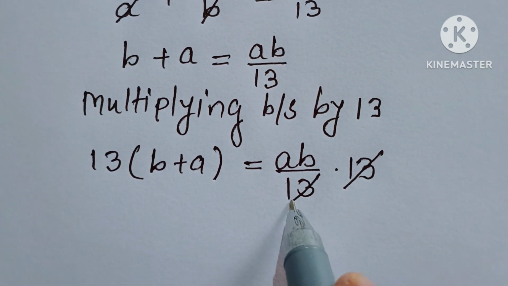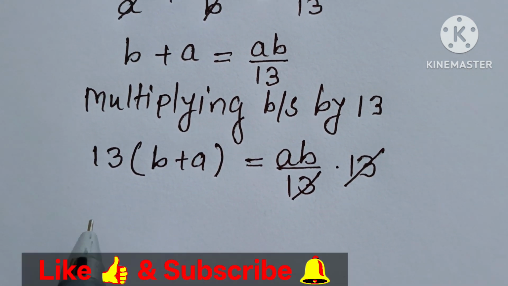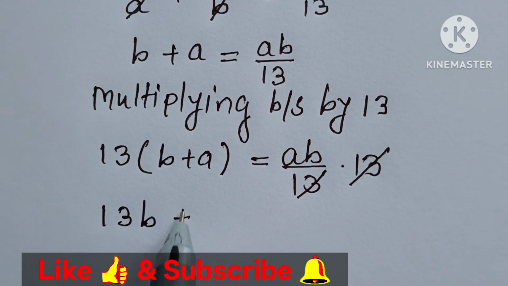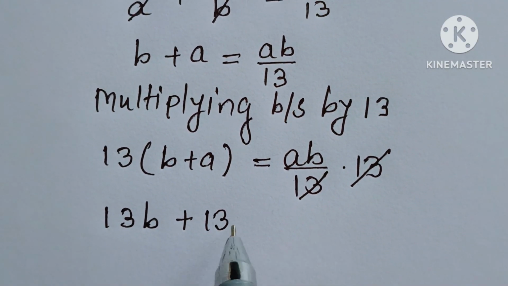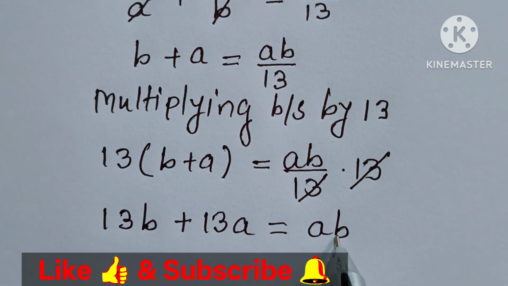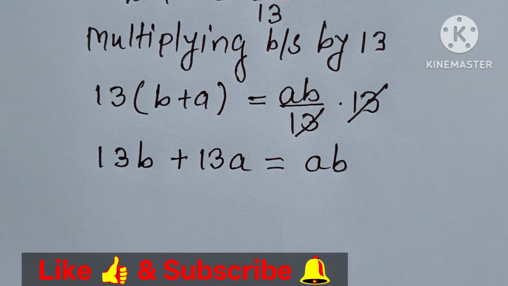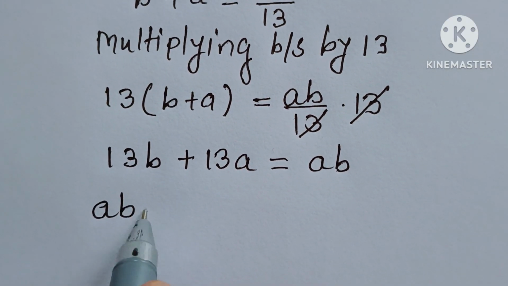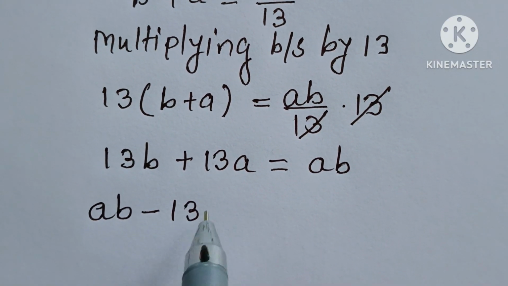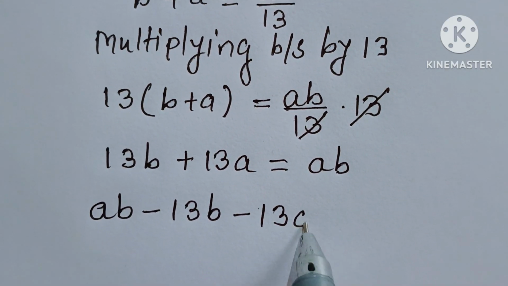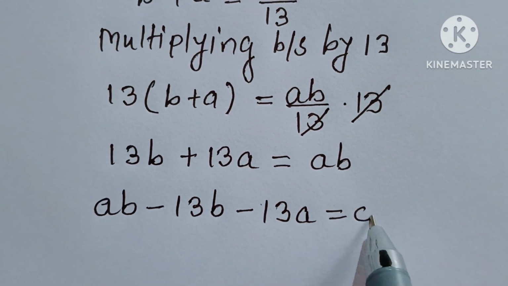This 13 will be cancelled. Here we get 13B plus 13A equal to AB. Now AB minus 13B minus 13A equal to 0.